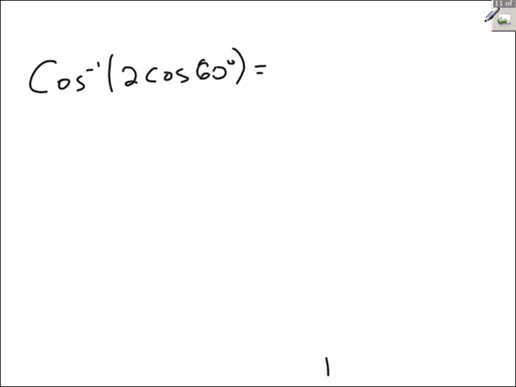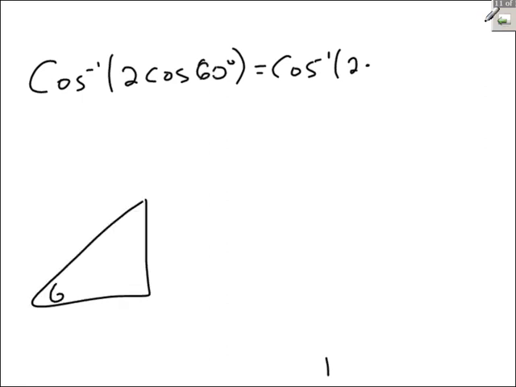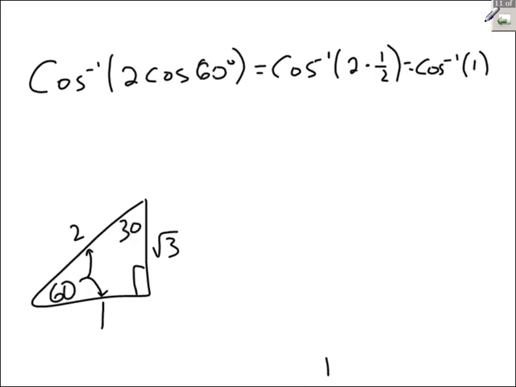So this is cosine inverse of 2 times whatever cosine of 60 is. Well, cosine of 60 is a half. Opposite 30 is 1, 2, opposite 60 square root of 3. The cosine of 60 degrees is adjacent over hypotenuse, which is a half. And 2 times a half is 1.